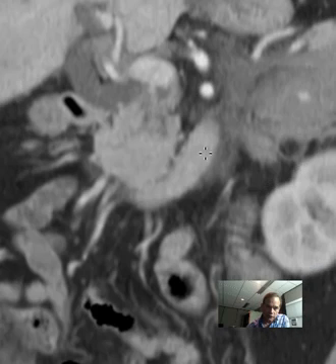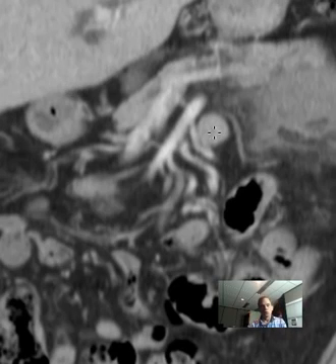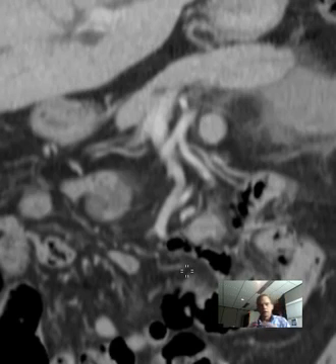Right at this point is the transition where it then is free and mobile in the mesentery, and lo and behold, you have the very proximal jejunum right next to the SMA, which is right next to the SMV. And you see these arterial branches going out in the mesentery, the fatty material that is the base of attachment for all of the, or most of the small bowel.